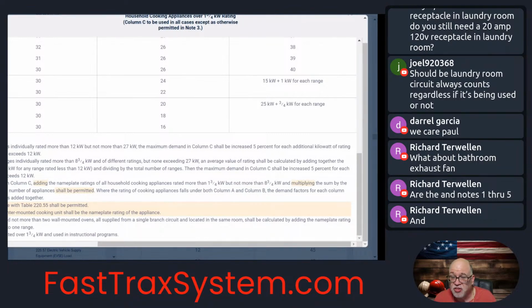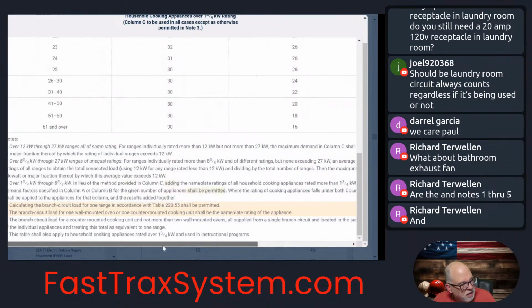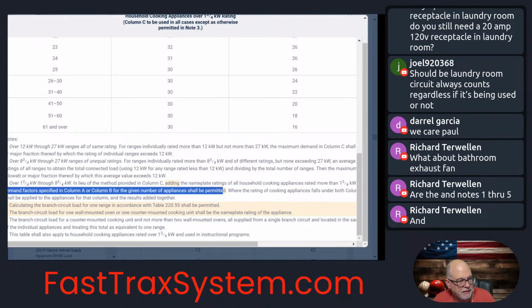So you add the sum of them together, that means adding the two together, and multiplying the sum by the demand factor specified in column A or column B for a given number of appliances shall be permitted.